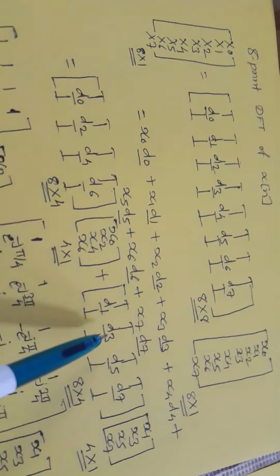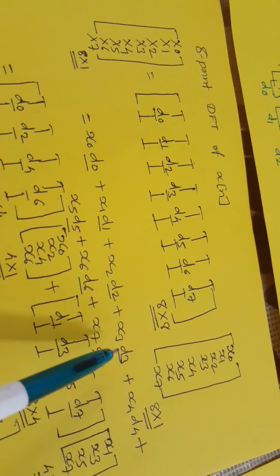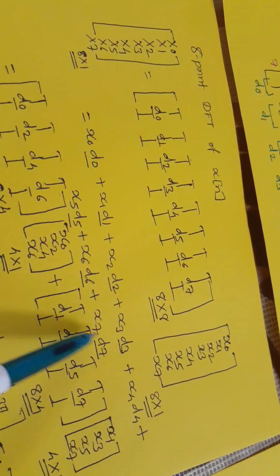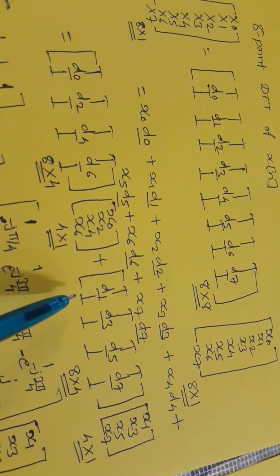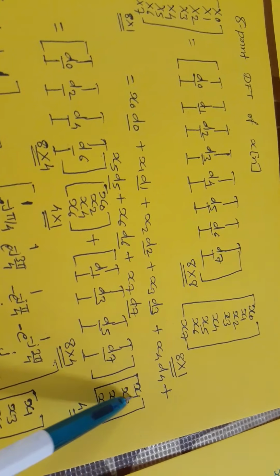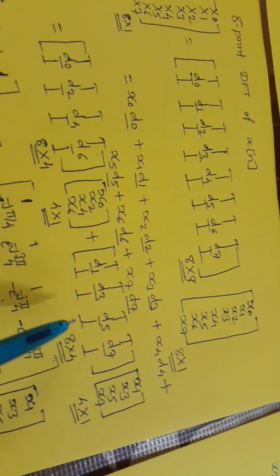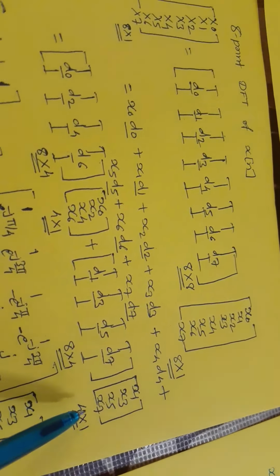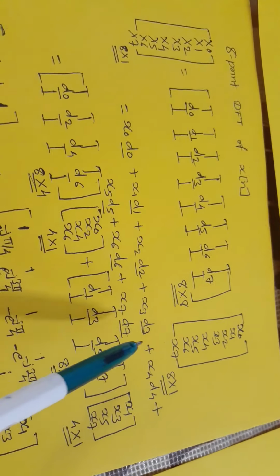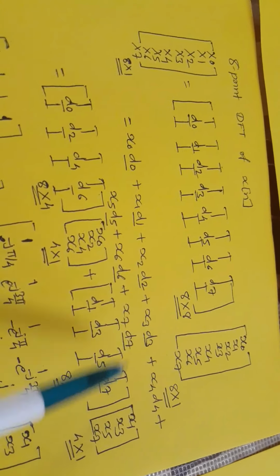In the same way we separate out the odd samples: x1 d1 plus x3 d3 plus x5 d5 plus x7 d7, another matrix equation with columns d1, d3, d5, d7 multiplied by the 4 cross 1 vector x1, x3, x5, x7. So 8 by 4 into 4 by 1 gives 8 by 1, and 8 by 1 plus 8 by 1 is 8 by 1.